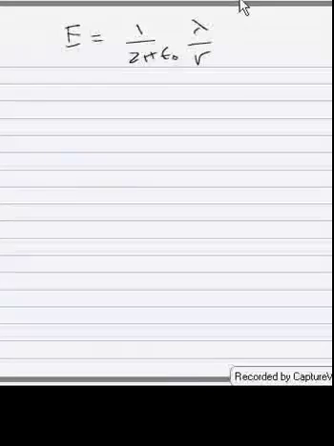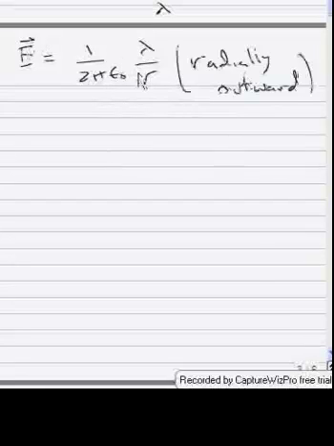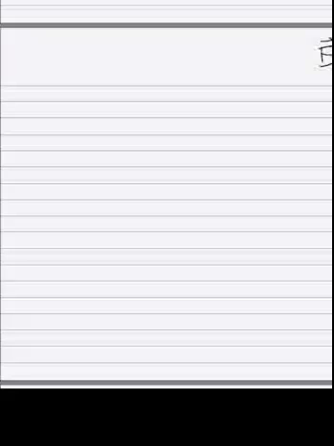So I end up with E equals 1 over 2 pi epsilon naught, lambda over R, and I really should have a direction. I'll put radially outward, since that was a positive charge distribution, and that's a vector quantity. I could put this in terms of K, but I think I'll just leave it the way it is. Now I need to look at my sheet.